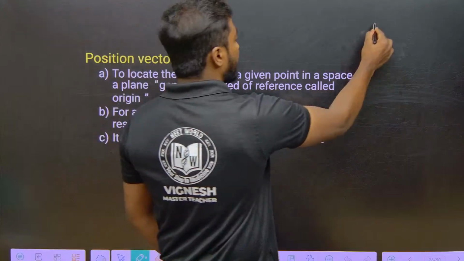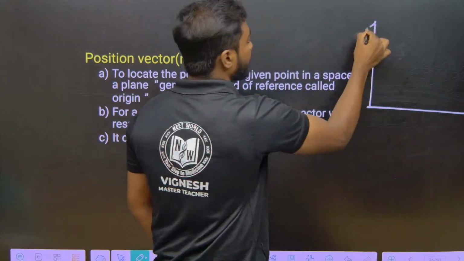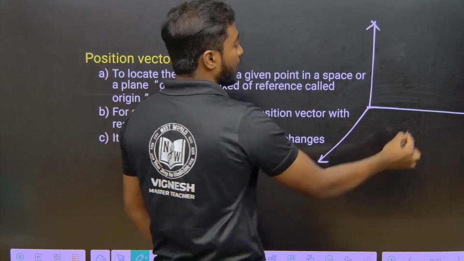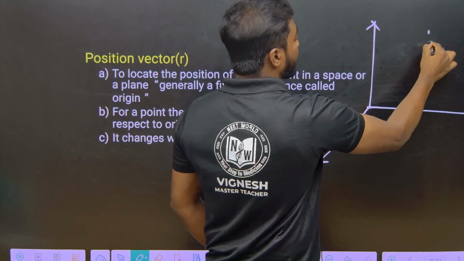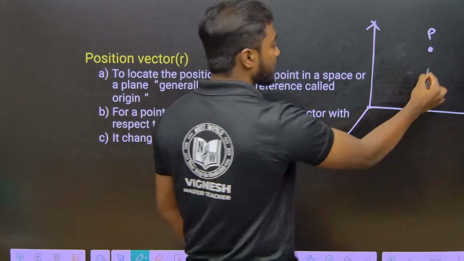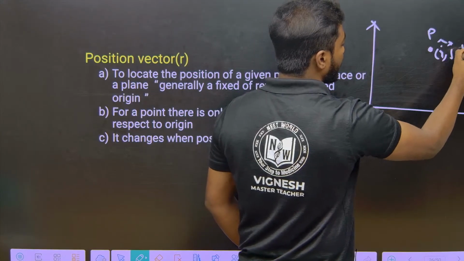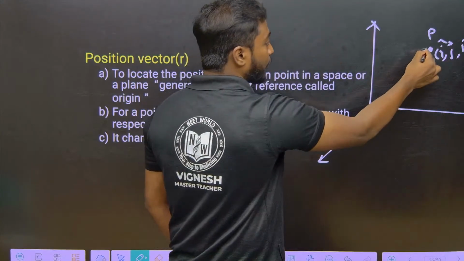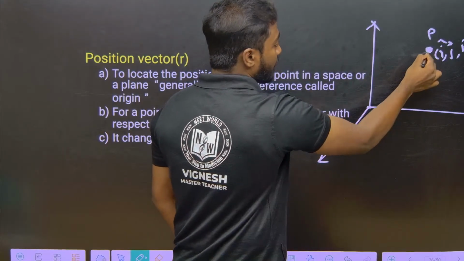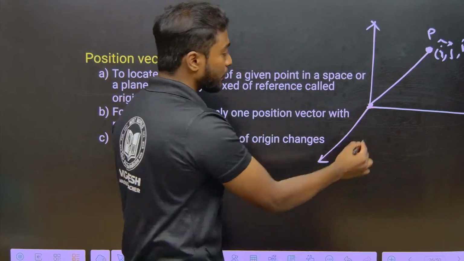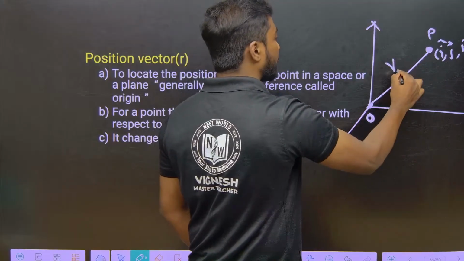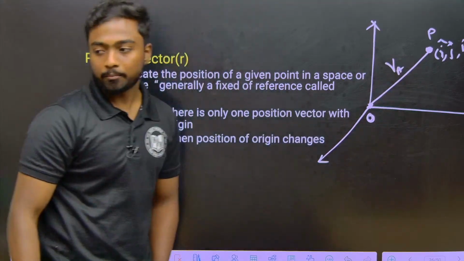So this is my space, and this is the point I have taken, point P, with respect to origin O. This is my position vector A.